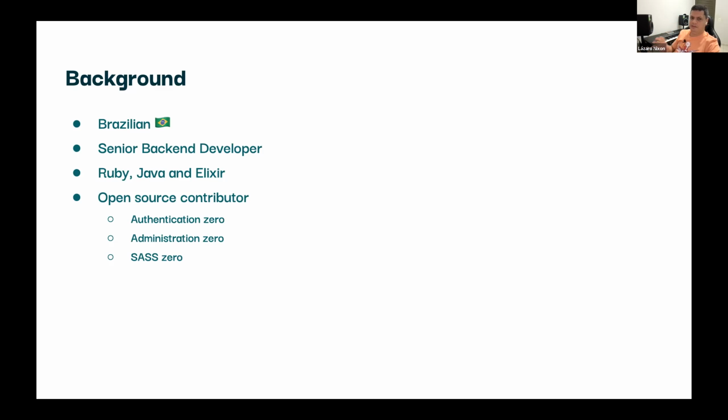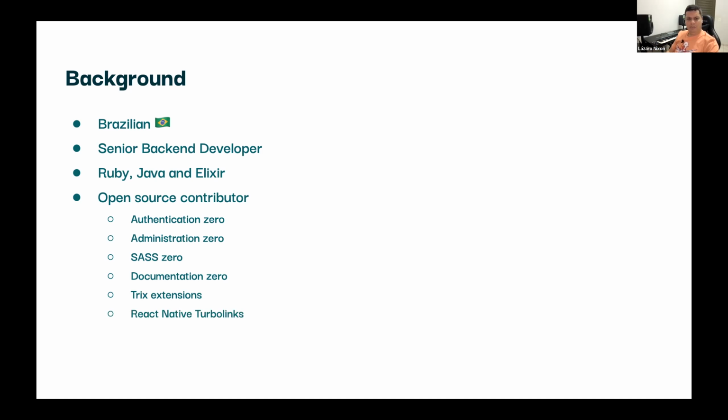So it's a mix of these two worlds. Documentation Zero generates documentation. Then Trix extension. We have the Action Text library, right, on Rails. So this Trix extension brings more features to that. So it adds more features.